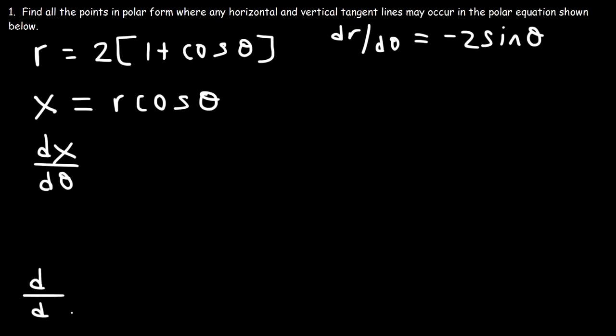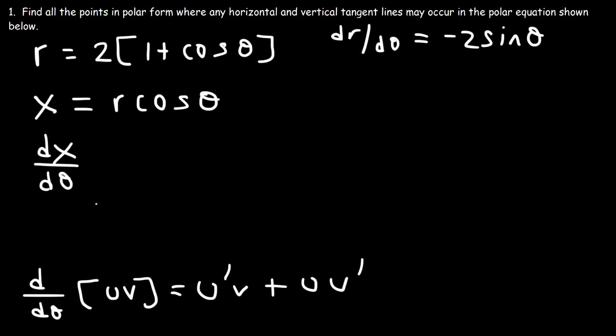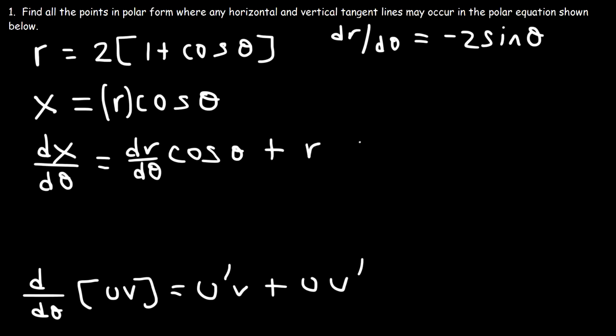And recall that the derivative of u times v is u'v plus uv'. So the derivative of the first part, r, is dr/dθ, times the second part, which we'll leave as cosine, plus the first part times the derivative of the second part. The derivative of cosine is negative sine.